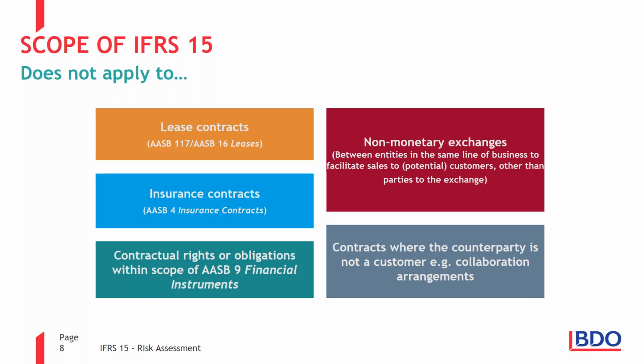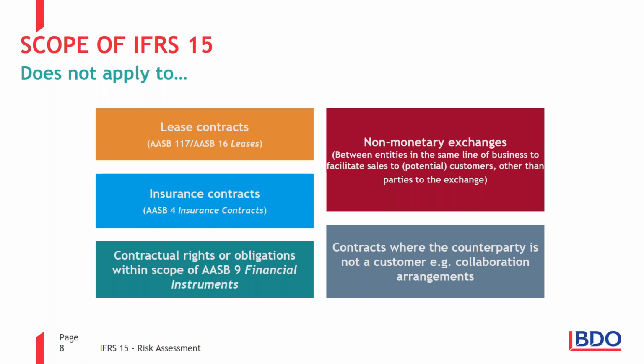Non-monetary type exchanges between parties. This one did come up in an example with us a couple of days ago, where you're in a particular industry and supplying goods is perhaps restricted by supply, but at the same time demand increases.